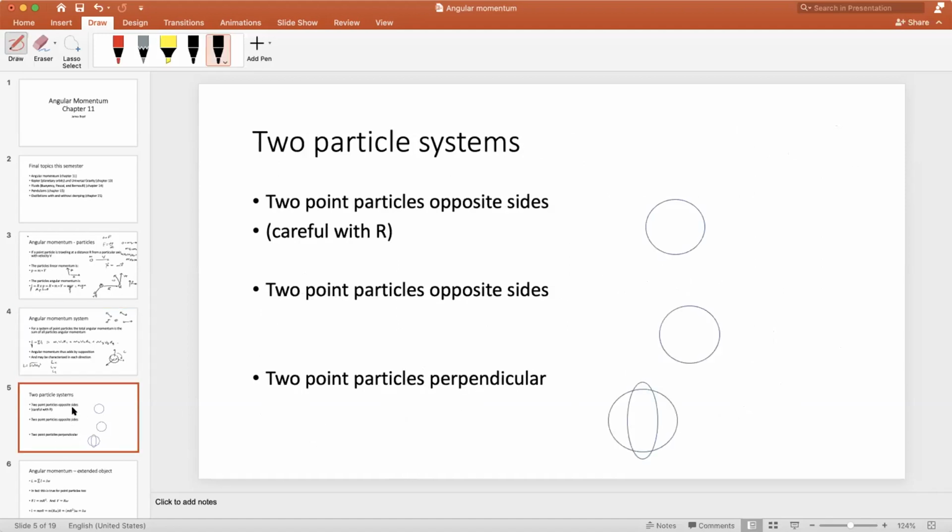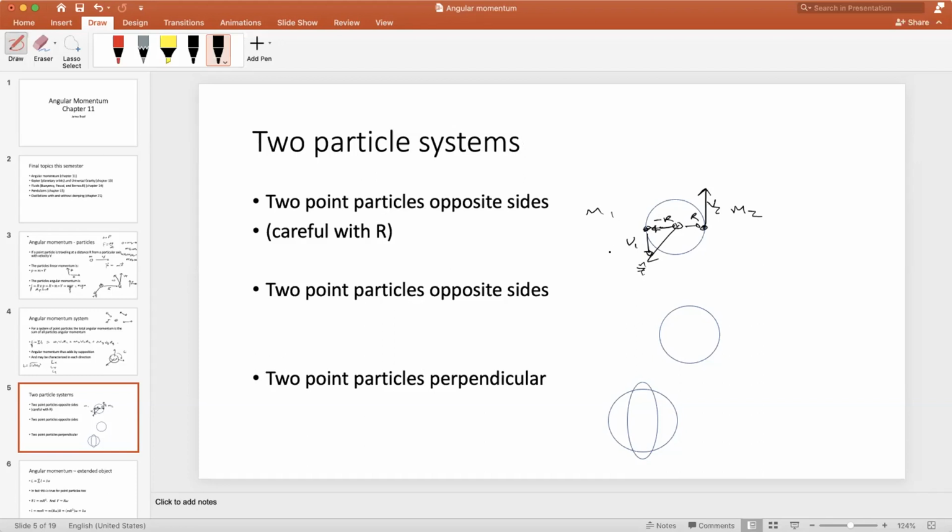So let's imagine that we have two particles, and this is the rotation Z positive. So I have particle 1 and particle 2, and they're at negative R and R. This is mass 1 and this is mass 2. Mass 1 is going down and mass 2 is going up at this particular time.